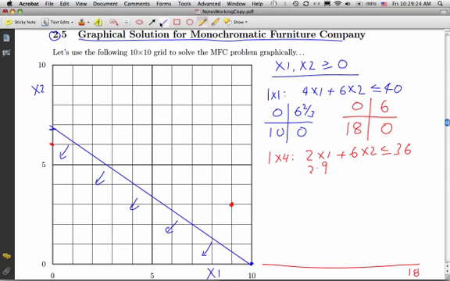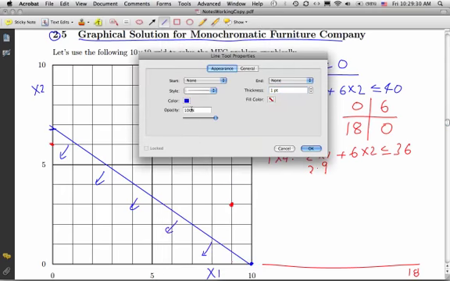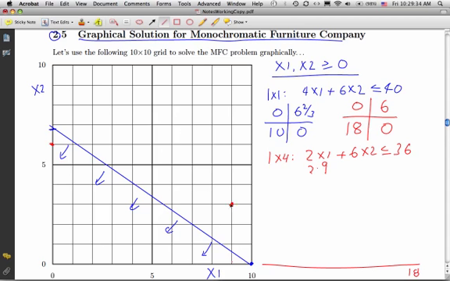So we can connect up those dots. And again, let me just change the color of my line. There we go. And we'll draw that line through there. And actually this line extends all the way down over here.